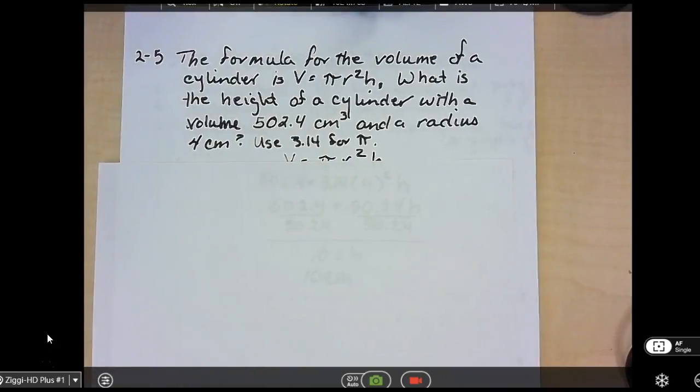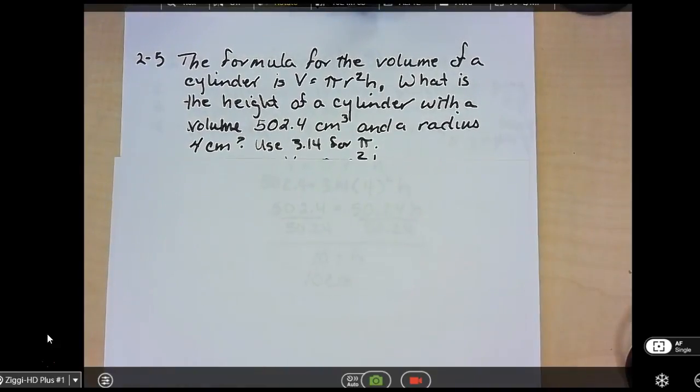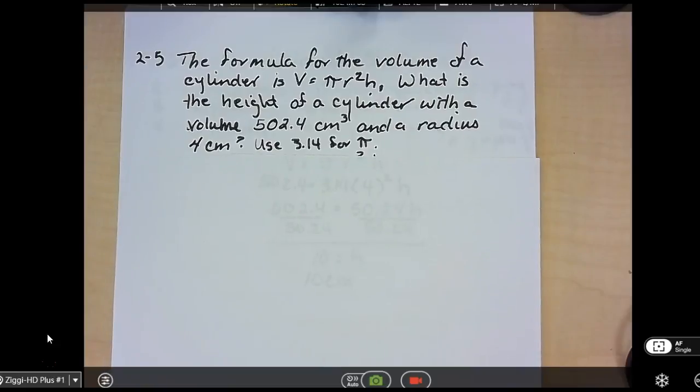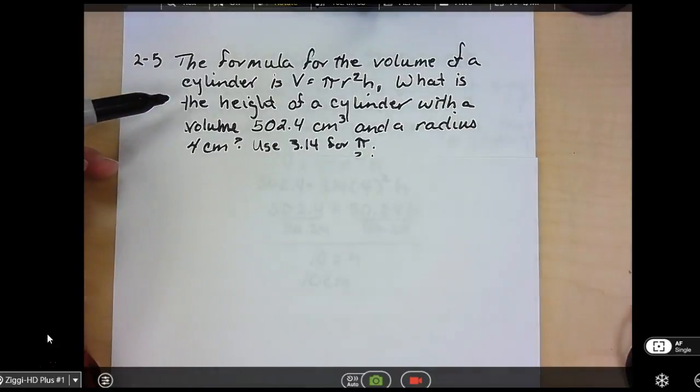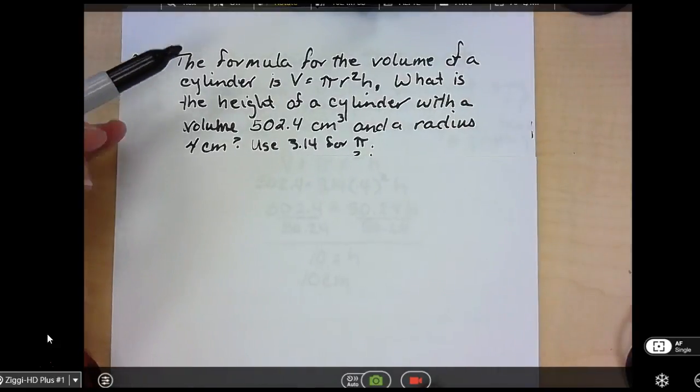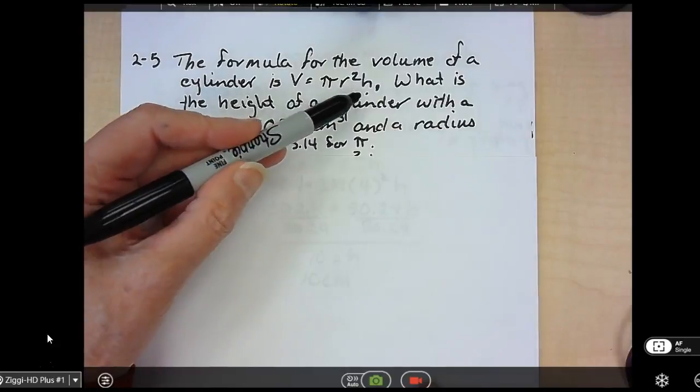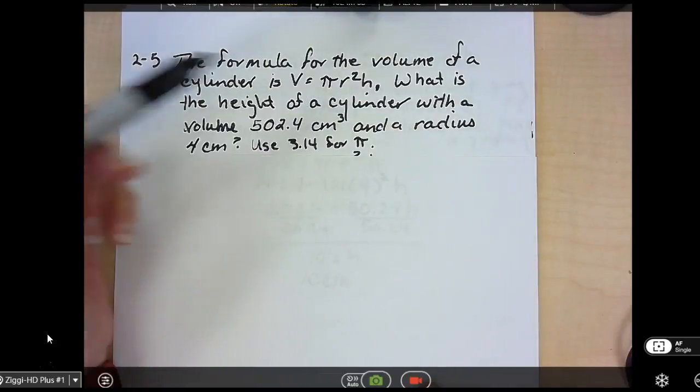Okay, section 2-5. That was where we had all the formulas. They wanted us to rewrite the formulas and solve for a specific variable. I've always found when you're solving the story problems in this section, just to leave the variables alone, we'll plug our numbers into the formula.